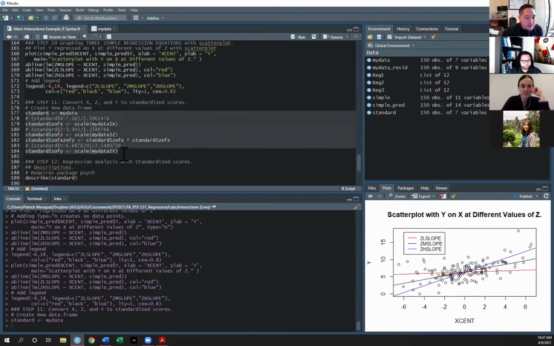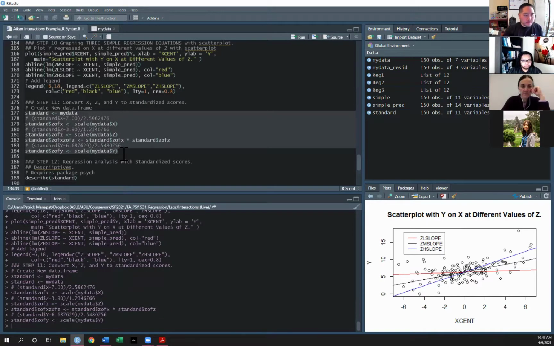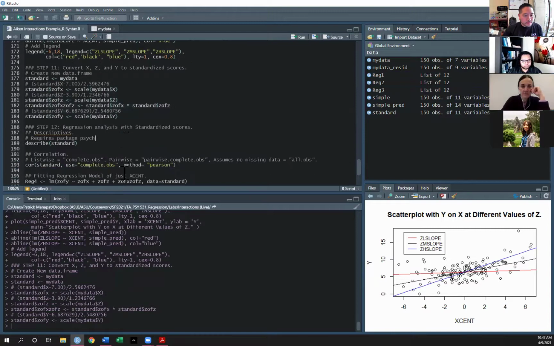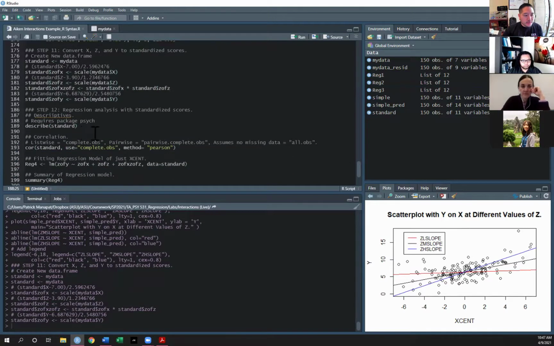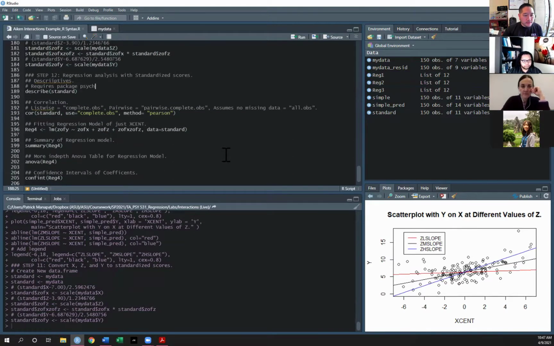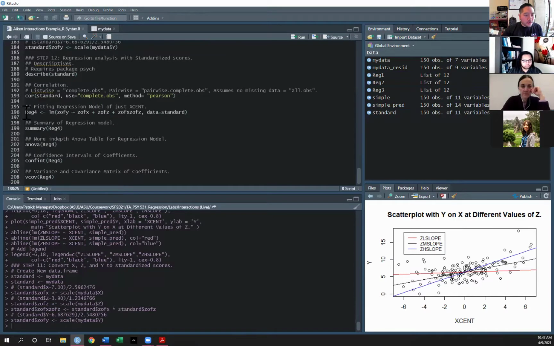So go ahead and run this in one step. You can get descriptives if you want, correlation matrix if you want. And then here we'll run the regression equation so we can get the standardized coefficients. So reg 4, I'm going to run a model predicting z of y from z of x, z of z, and z of x times z of z, which is the interaction.